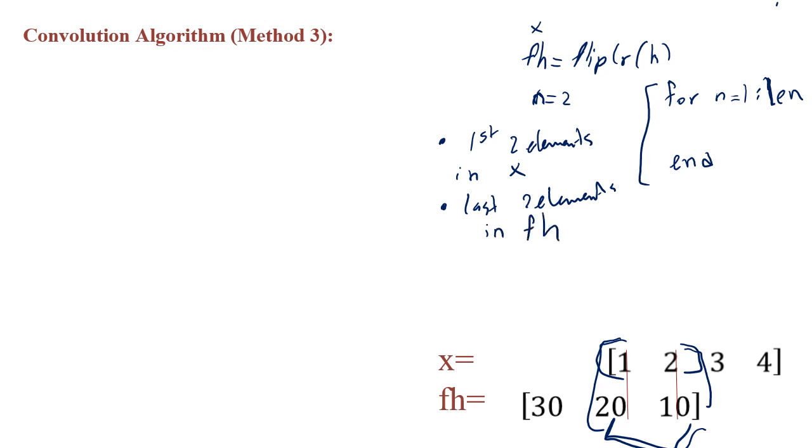Notice that we're saying first two elements with the last two elements, and n is equal to 2.